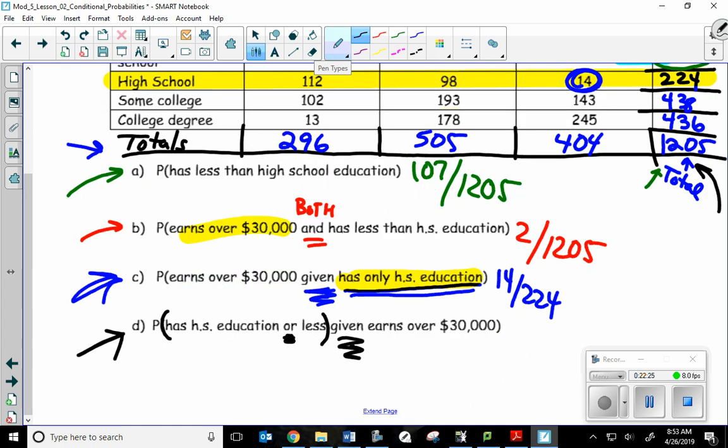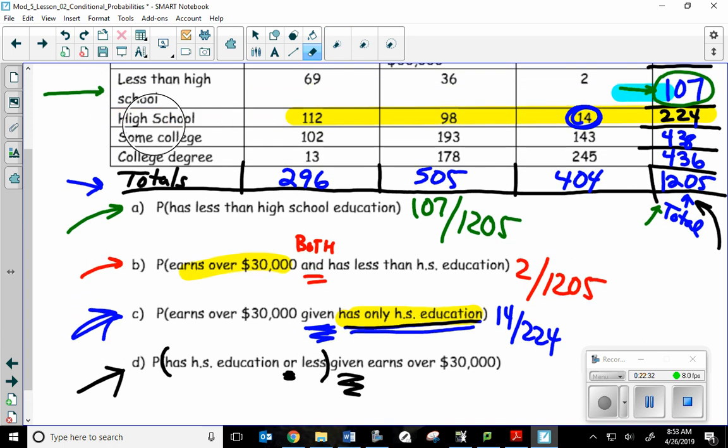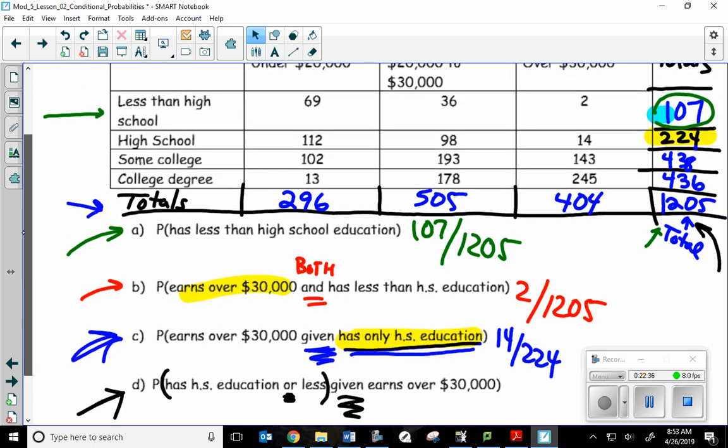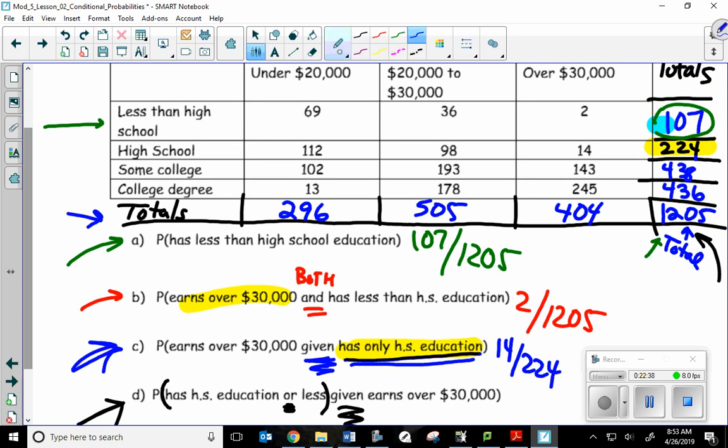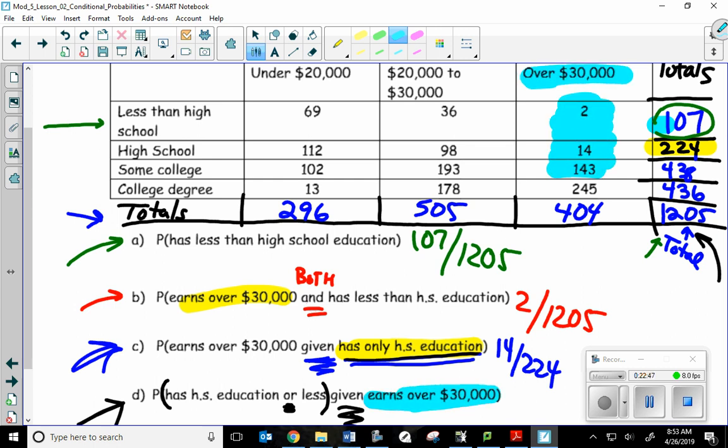So this is one of the criteria. Let's figure out where the earns over 30,000 is first. Let's get rid of this highlighter and grab another one here. We are given that they earn over 30,000. That's this column right here. This is the one we're given to pick from.